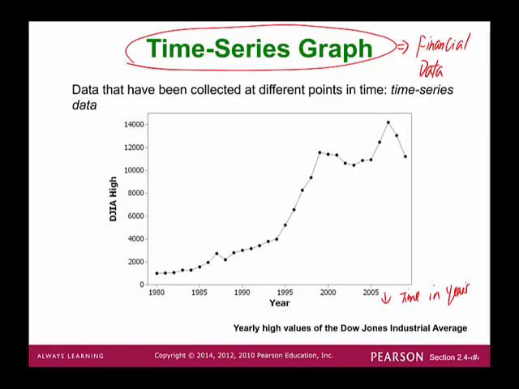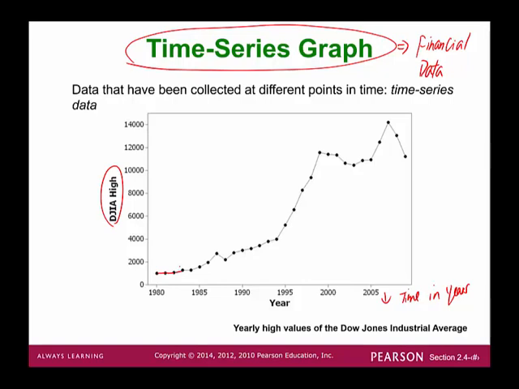And the vertical axis represents the yearly high value of the Dow Jones Industrial Average. Okay, so you get the data, and then connect every 2 points using a line. So you get this typical time series graph.